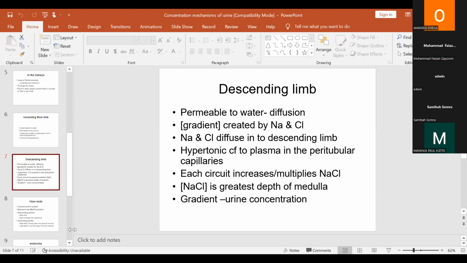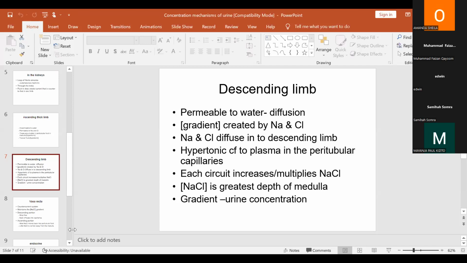What is the net effect of these two procedures is that the filtrate within the lumen becomes concentrated as you descend to the depth of the descending loop of Henle. And we said last time that that descent actually causes a concentration gradient that is 4 times.